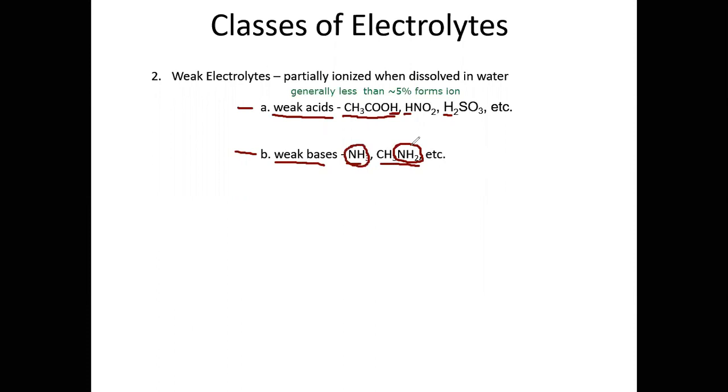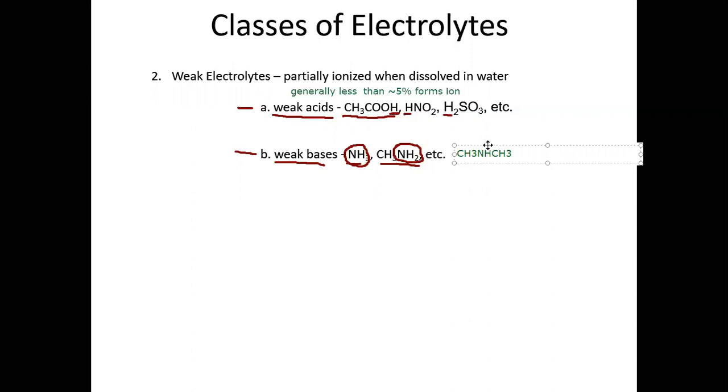So if you see a nitrogen-containing compound that has a lot of carbon and hydrogen on it, it's going to be a weak base. So for example, if we wrote this, this would be an example of a weak base as well.